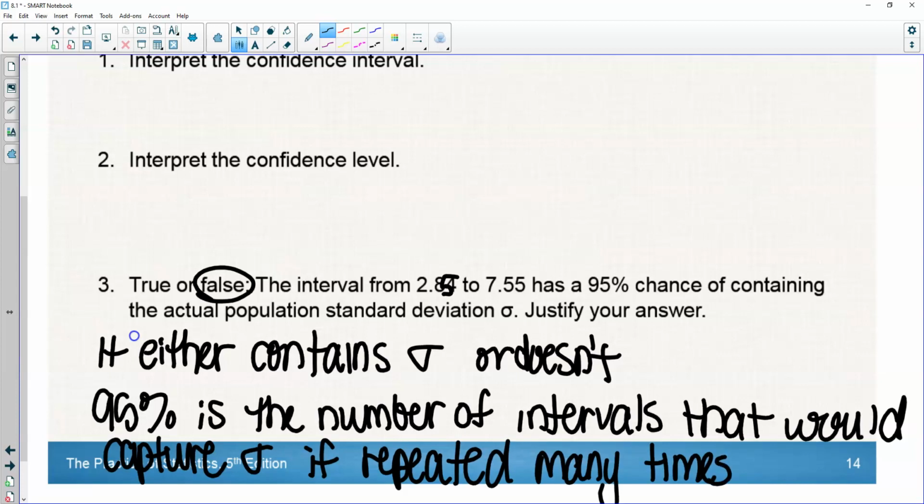Sorry, my handwriting kind of goes as I keep writing.